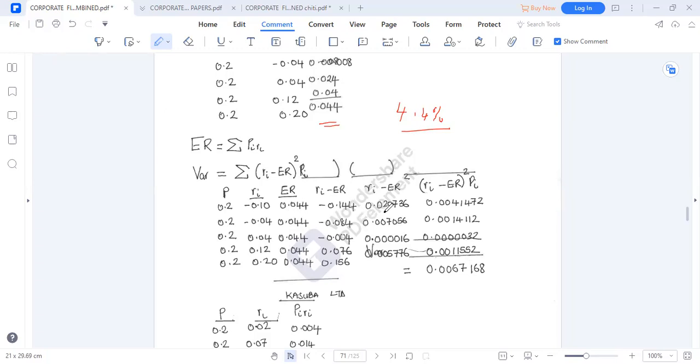Then I square this answer. By the way, whenever I square any negative or positive, it becomes positive. Then multiplied by the probability, we get 0.0144. Are we following? Are we moving together? Especially for those that have not done this topic before.